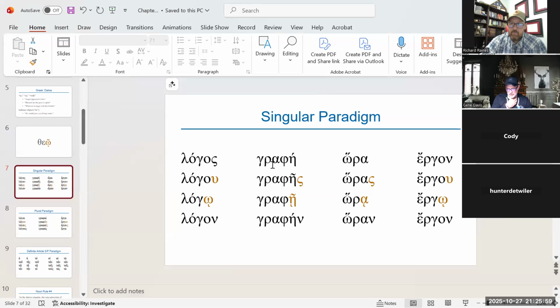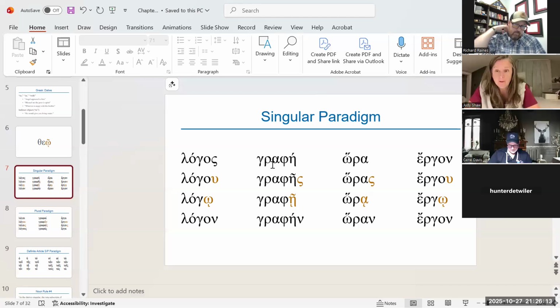Of writing. And what is the lexical form? Graphe. Right. Does anyone not understand what we just did there? Anyone not understand what we just did here?